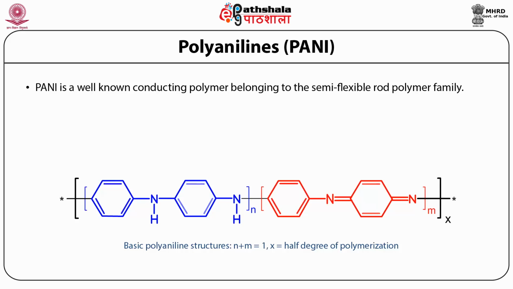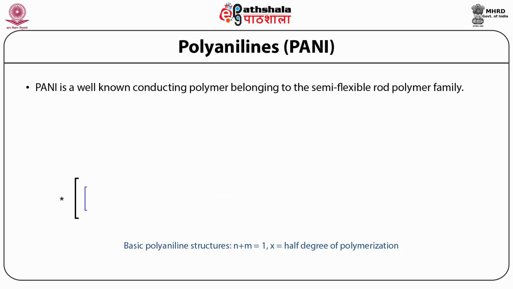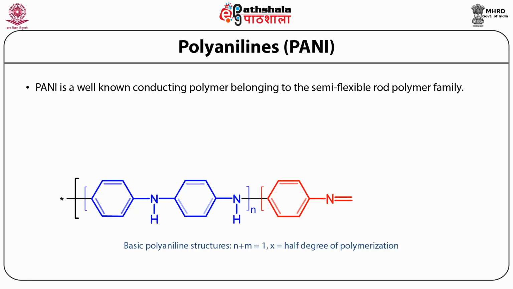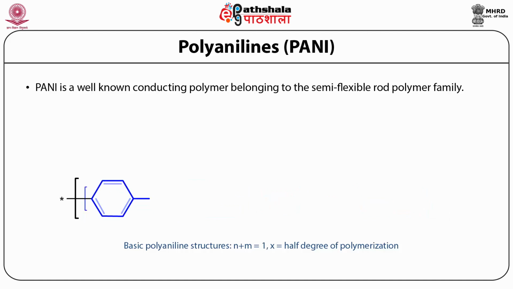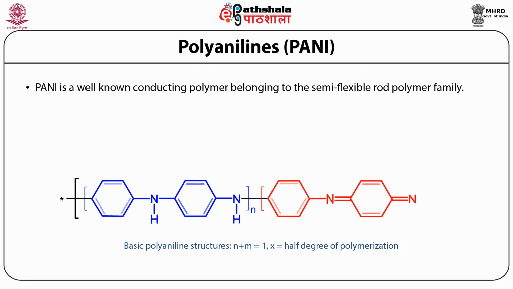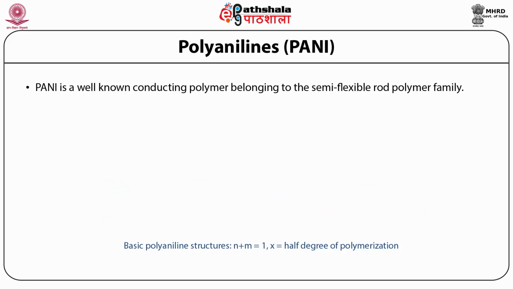These works led to the identification of a molecular sequence in Pani consisting of alternate amine and imine as well as benzenoid and quinoid moieties. Also, it was found that there could be fluctuations in the oxidation states of Pani.